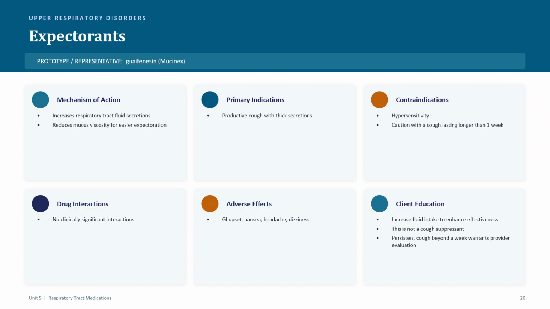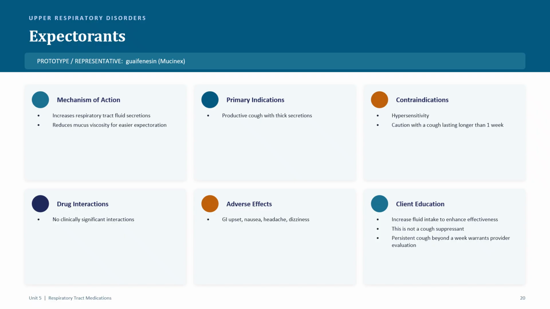So next are the expectorants, which is guaifenesin or Mucinex. Guaifenesin is essentially the opposite of what an antitussive medication does. Antitussives suppress the cough, whereas guaifenesin thins mucus to specifically make coughing more productive, so that the secretions are actually able to come up and clear out.